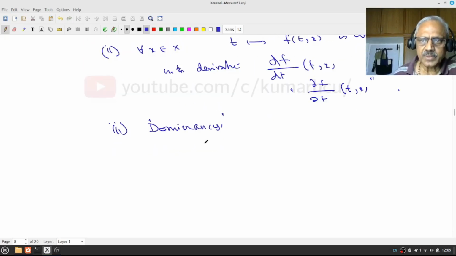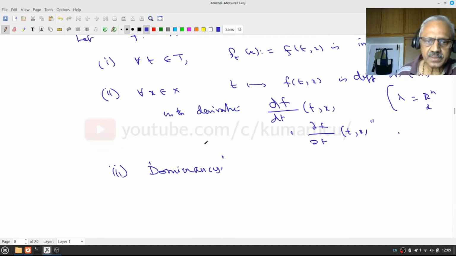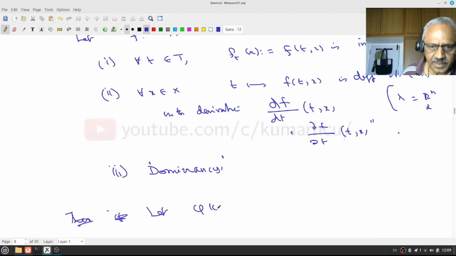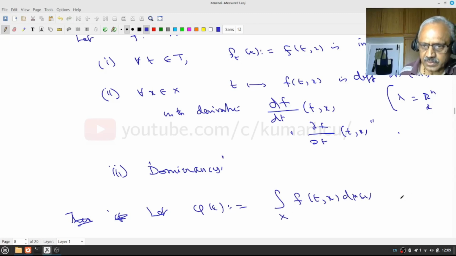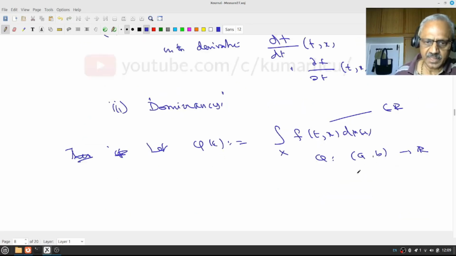So what we want to say is, let phi of t, as usual, be the integral of f(t, x) d mu x over X. Therefore phi is a function from [a, b] to R. Because these are all integrable, this will be real numbers. Therefore it's a real valued function.